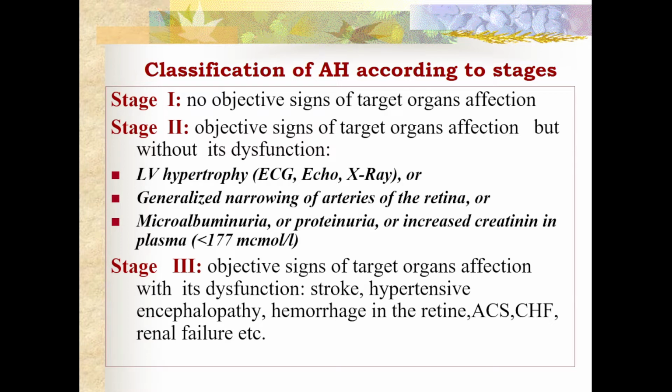Second criterion of stage 2: generalized narrowing of arteries of the retina. And third criterion of stage 2: microalbuminuria or proteinuria or increased creatinine in plasma, but less than 177 micromole per liter.